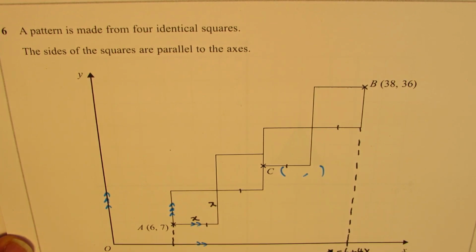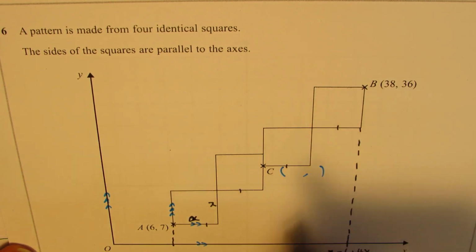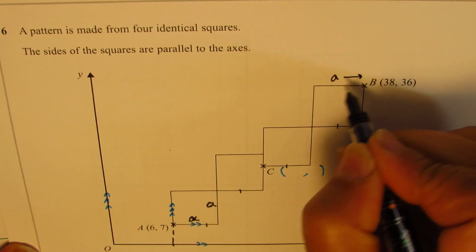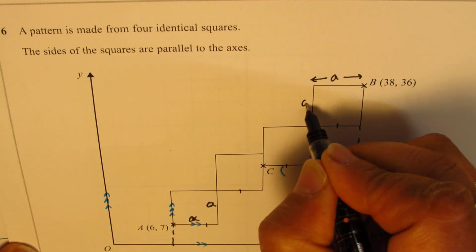Let me write this as a, for example, so let's write a instead of x. So we could write this point's x coordinate as 6 plus 4a, where a is the side length. So let's say a is each side of our square.